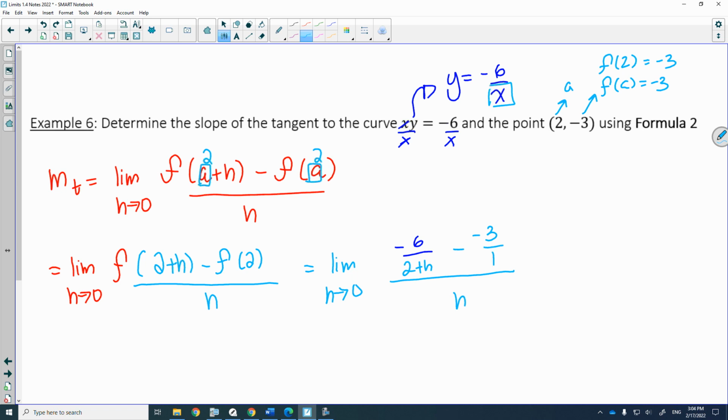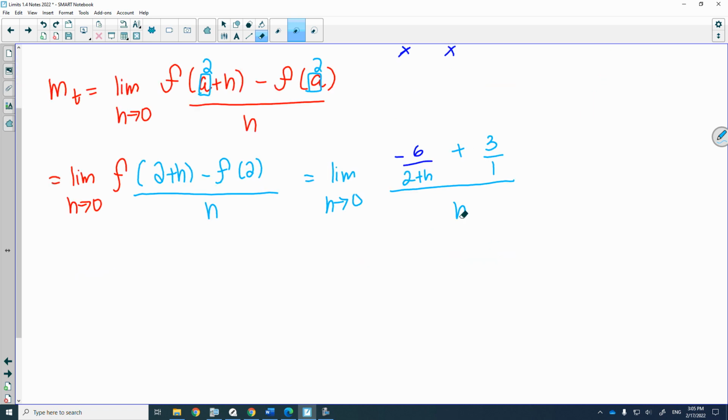So a couple of things. Let's get rid of these two negatives. So 2 negatives will give me a positive. So let's clean that up. And then let's get common denominators so that I could combine these two fractions. So if I've got 2 plus h in the denominator for that first fraction, I'm going to multiply this by 2 plus h and the numerator by 2 plus h.